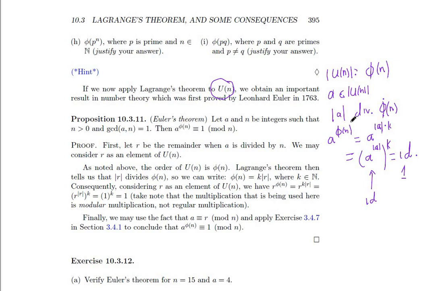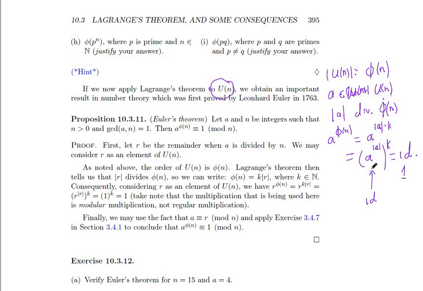Now, in this proof, I actually shouldn't have put absolute values there. It's just A is in U of n. So if I take any number less than n that's relatively prime to n, this will be true.